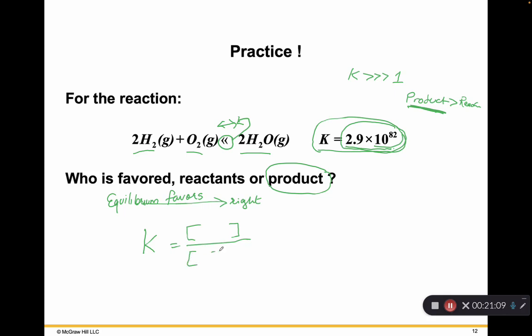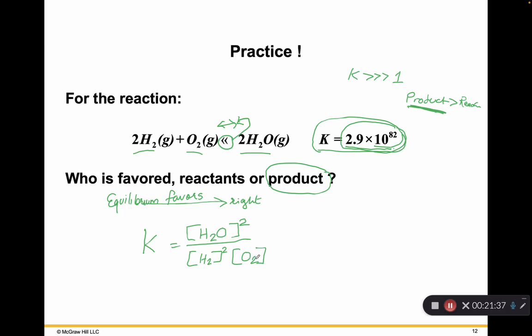I have two reactants on the bottom, and I have to remember to raise to the power. Do not forget to raise to the power. Here I have water, so I will write water. Water has the coefficient 2, so I need to raise the power by 2. The reactant hydrogen has the coefficient 2 in the equation, so I raise the power by 2. Oxygen, write all of the oxygen, okay?